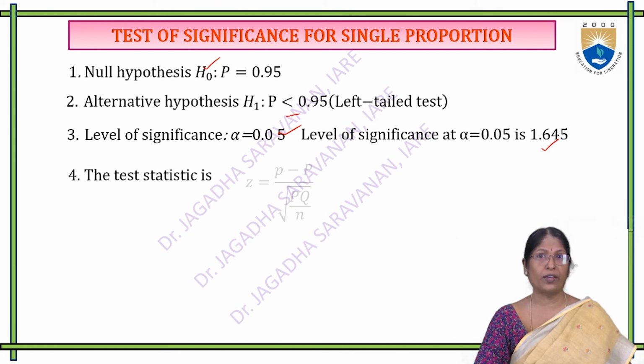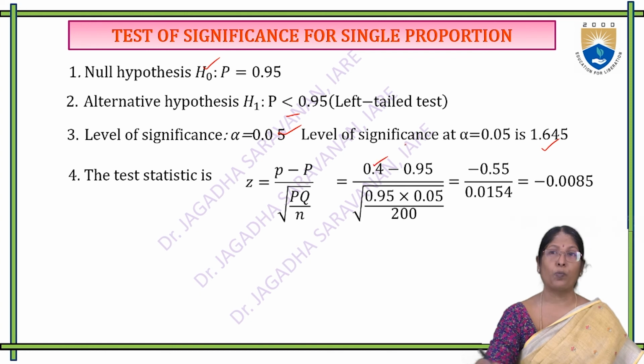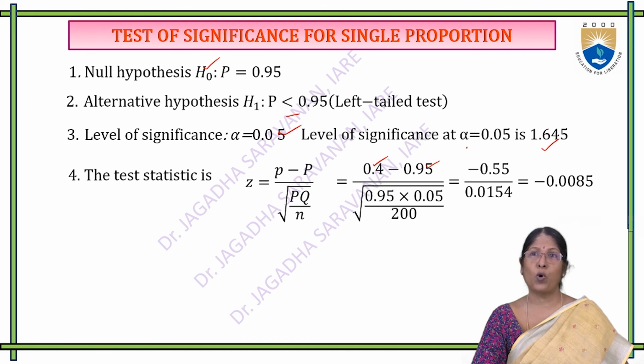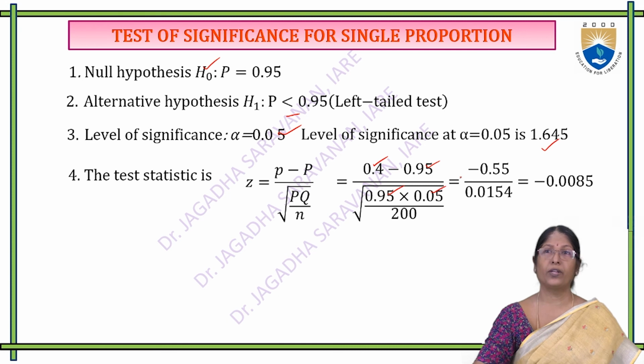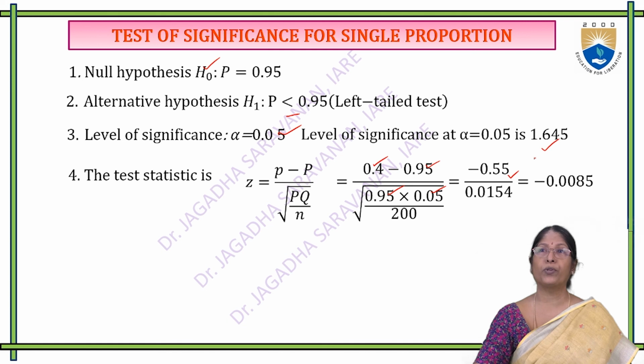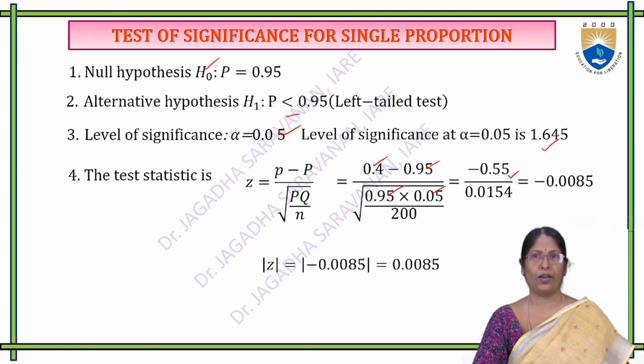The test statistic is small p minus capital P divided by the square root of PQ by n. The values 0.4 and 0.95 are replaced for the sample and population proportions. Capital P and capital Q are replaced by the values 0.95 and 0.05. N is 220. The fraction we obtained is minus 0.55 divided by 0.0154, which is equal to minus 0.0085.